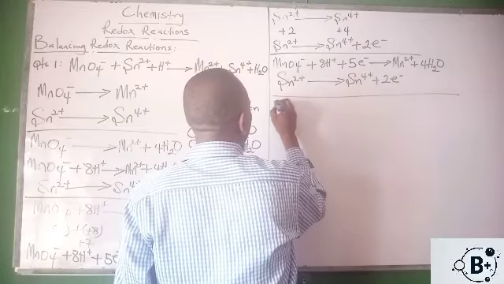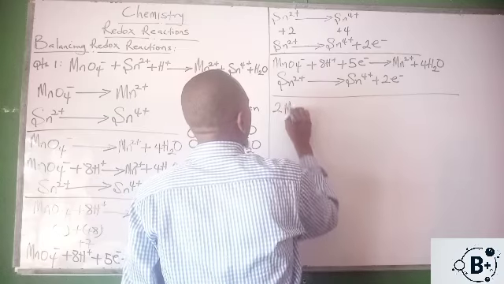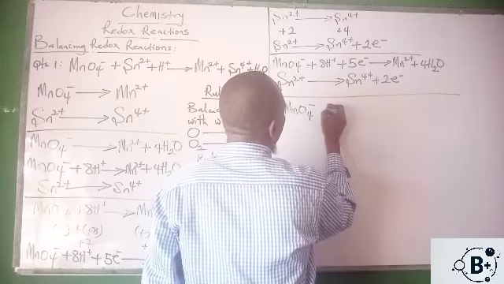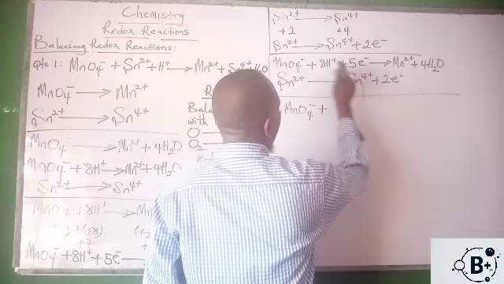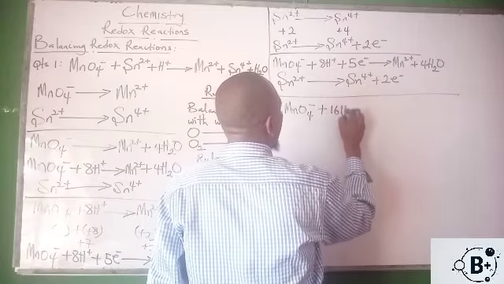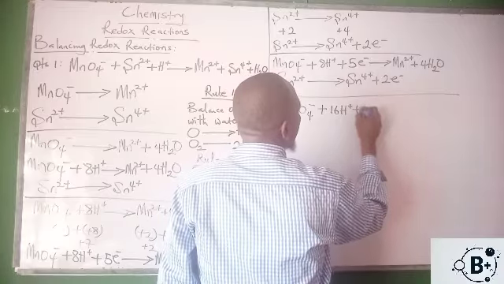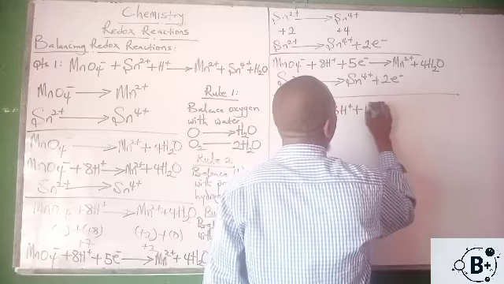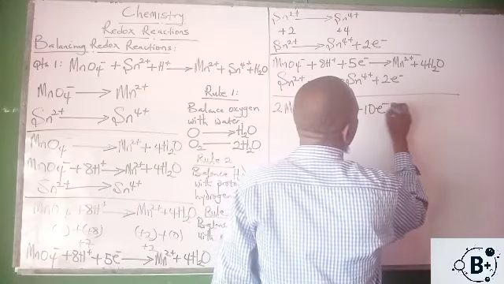So 2 times MnO4- will be 2 molecules of that, plus 2 times 8 protons will become 16 protons, plus 2 times 5 electrons become 10 electrons.